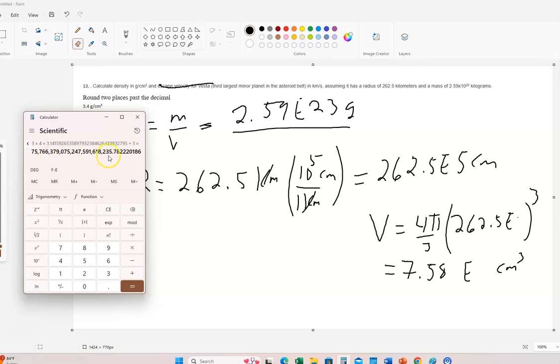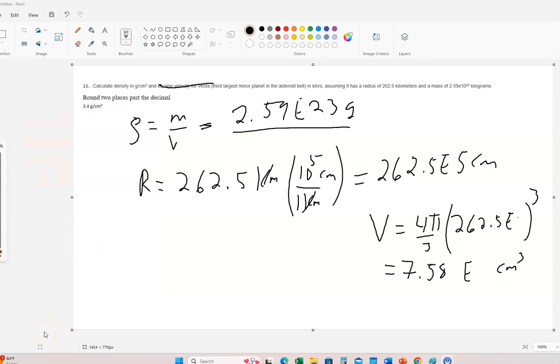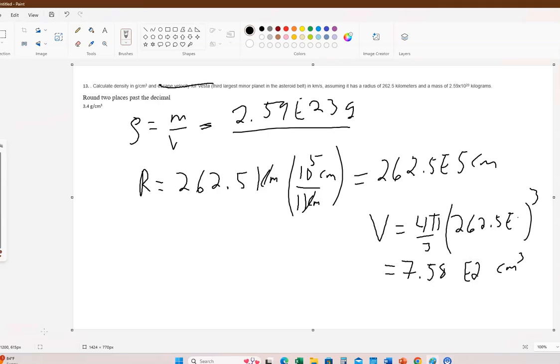I'm going to store this. And now this is correct. This is times 10 to the 22nd. That's what goes up here, right? So it's going to be 7.58 times 10 to the 22nd centimeters cubed.